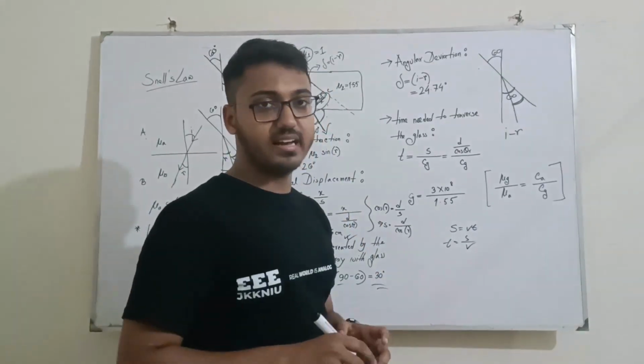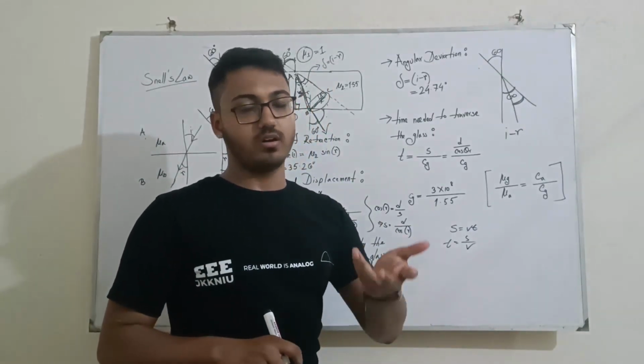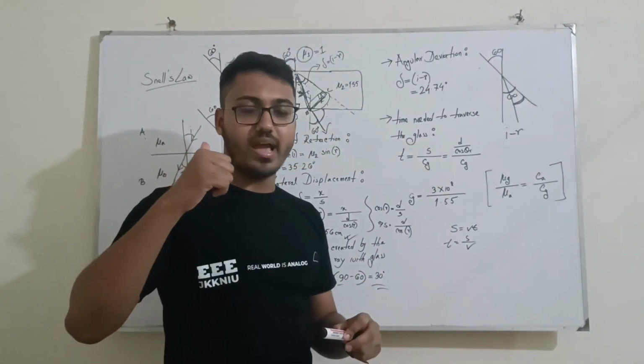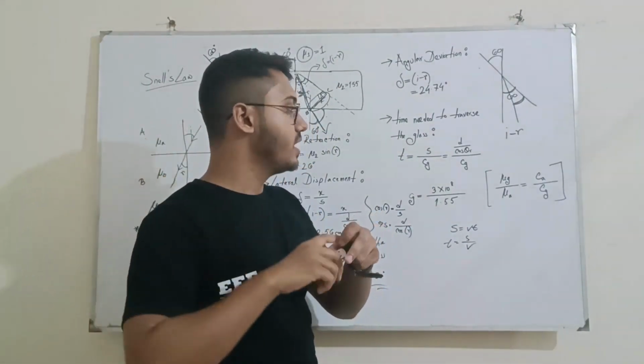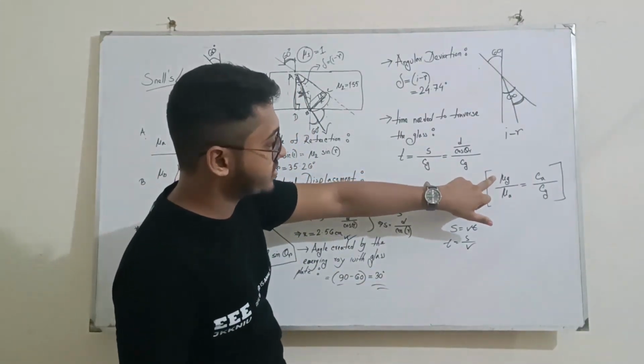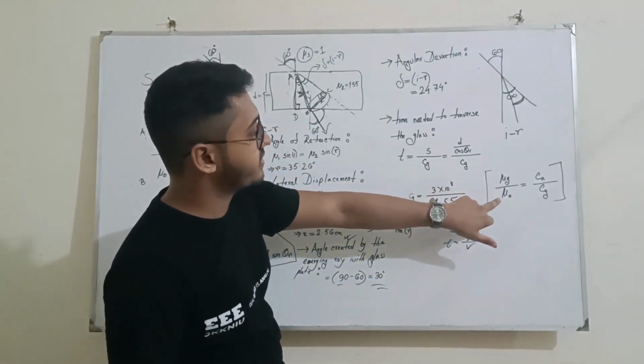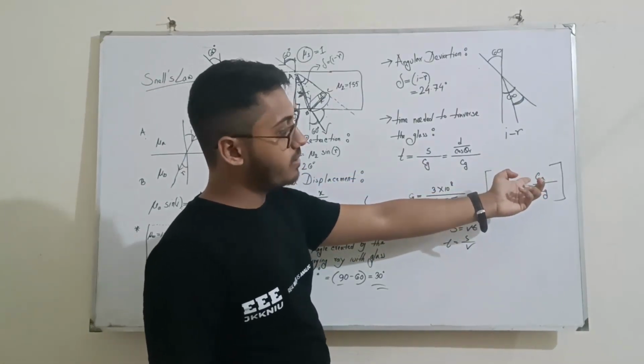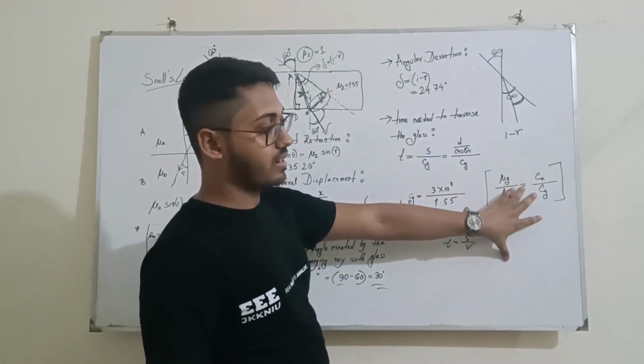So how we can find the velocity of light in the glass medium is actually the formula we had from the first video. The refractive index of glass medium divided by the refractive index of air medium is equal to the velocity of light in air medium by the velocity of light in glass medium.